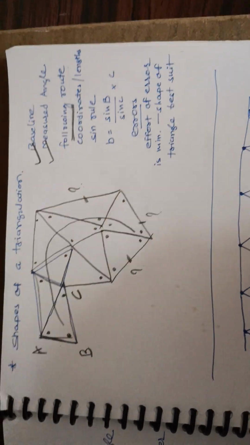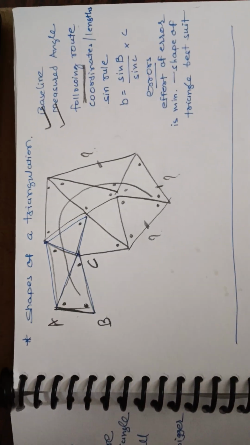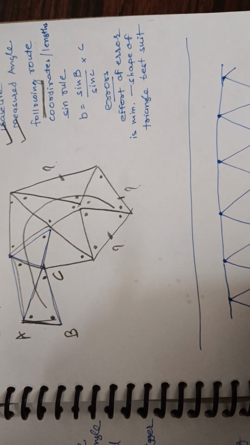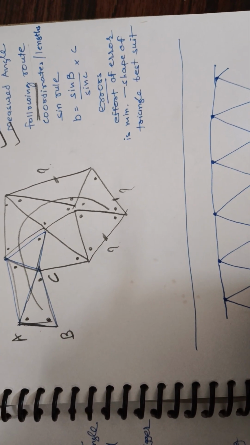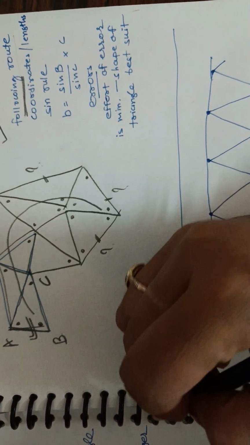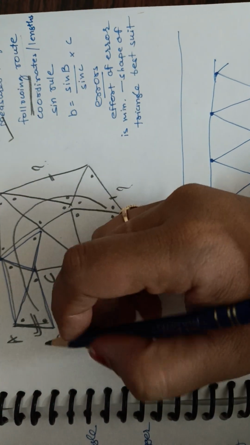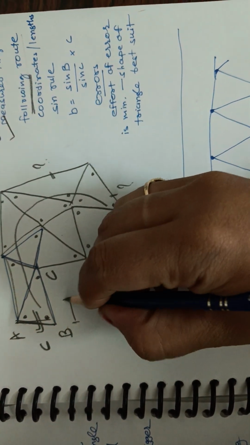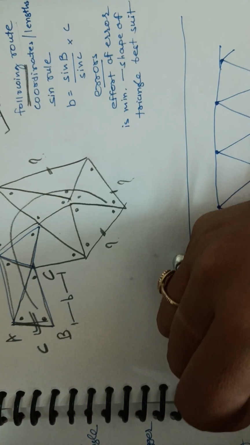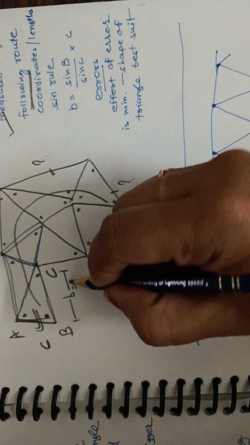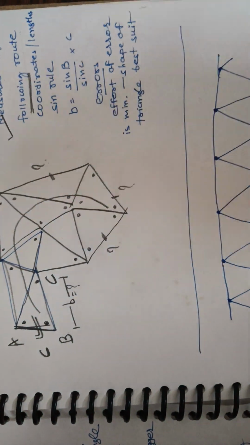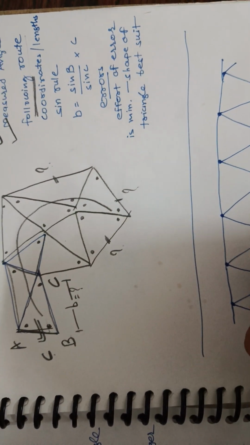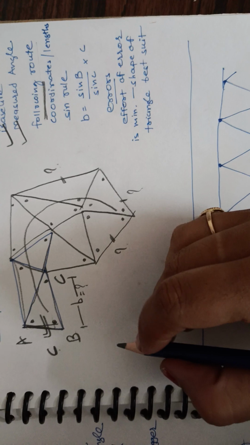Let me explain in a more easy and convenient way. Suppose this is a baseline, which I know. Let this distance be C, and this length be distance B. I don't know the length of B, but I know the length of C. So in this triangle, by following the sine rule, what is the sine rule?